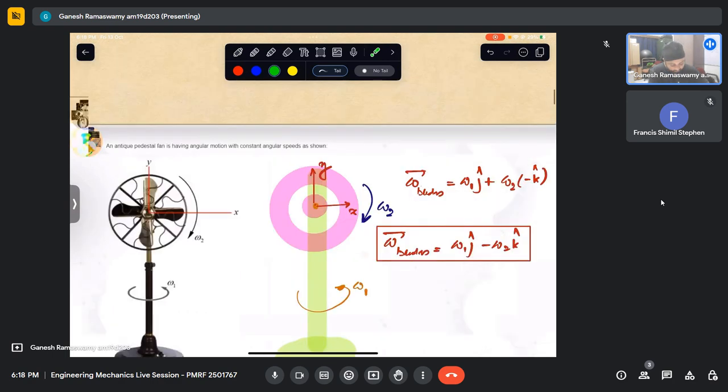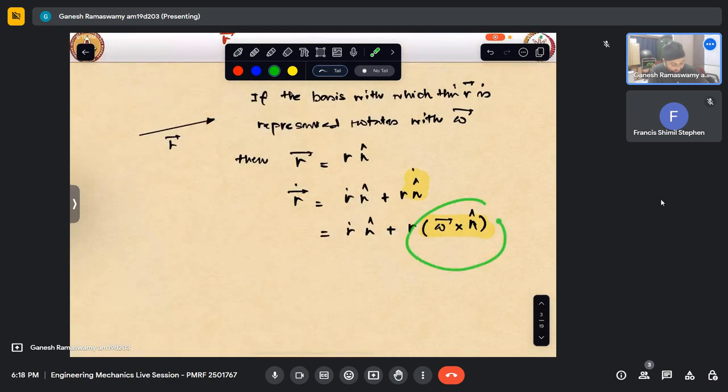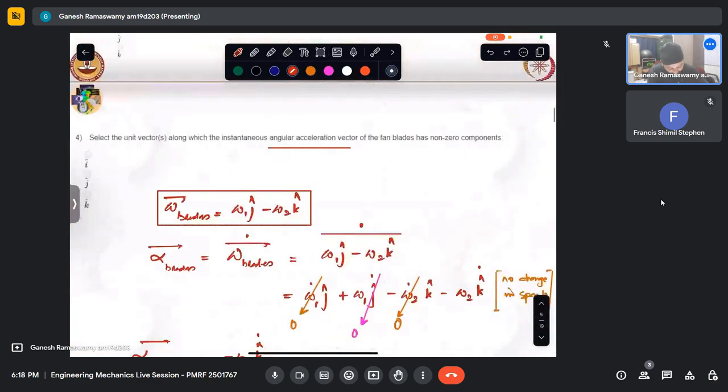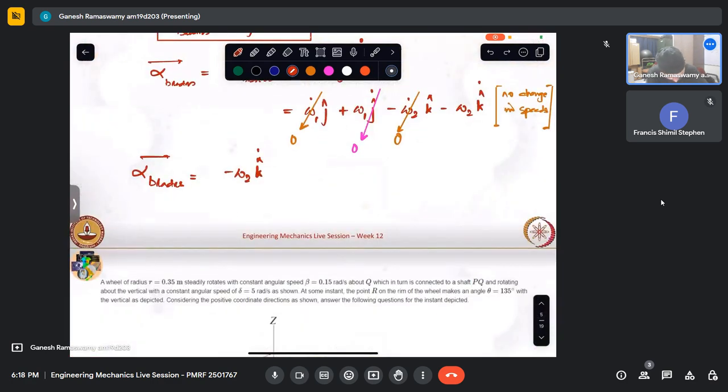Once a vector n cap is changing in a system which is rotating with omega, its time rate of change will be that omega crossed with that vector. So this gives us minus omega 2 into omega 1 vector crossed with k cap, as we saw.